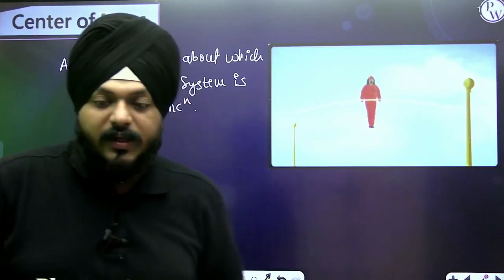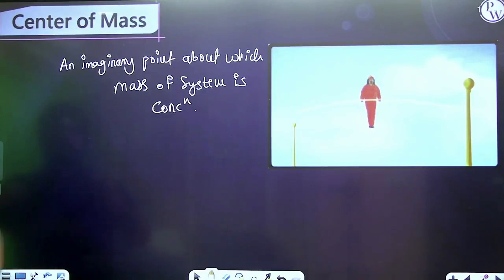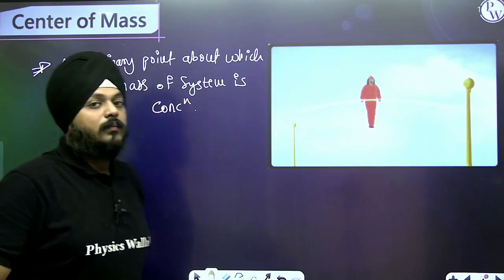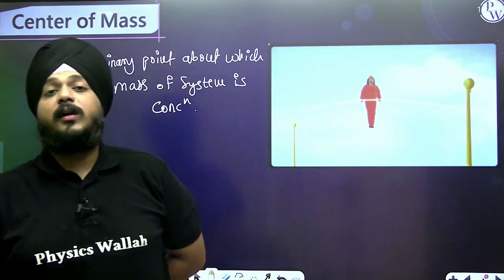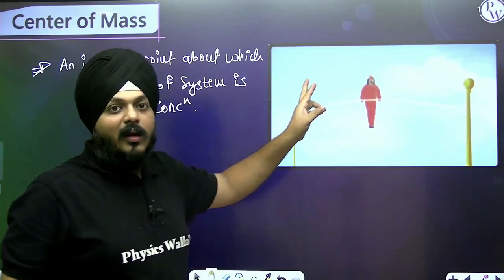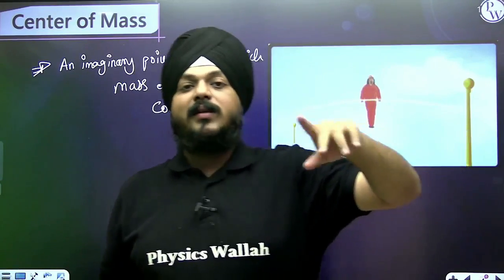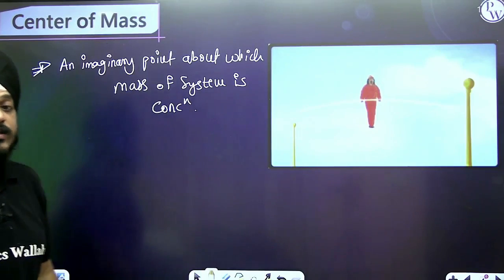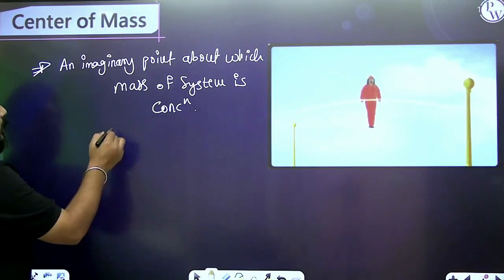Now we are going to discuss this in detail. The first point is that it is an imaginary point. It is important to imagine, because the point is imaginary. It is the imaginary point about which the mass of the system is getting concentrated.